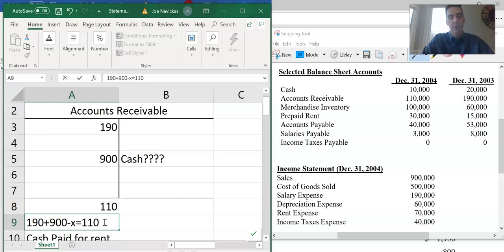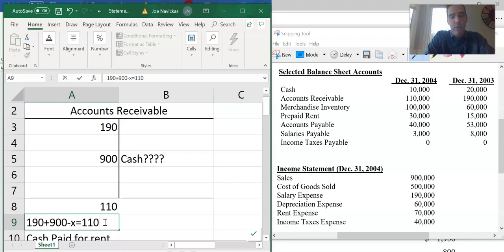Now, another way that I look at it, this left side total is 110 greater than the right side, right? So if I have 900 and 190 and it's 110 greater than the right side, if I just take 110 out of the debit side, I get 980.